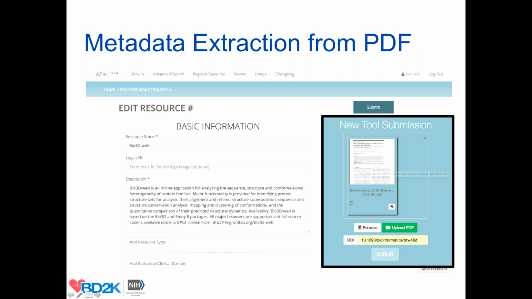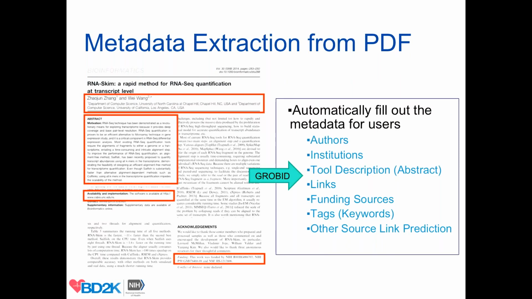And this is the interface. You just submit the PDF inside, and we can do the automatic extraction to fill out some metadata for users, like the authors, like the institutes, or tool description, and so on. We use GROBID. This is a public tool which can be used here.